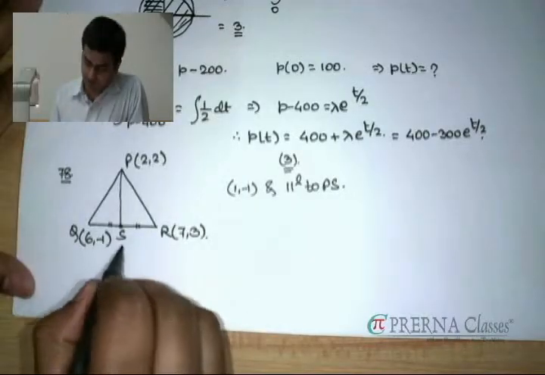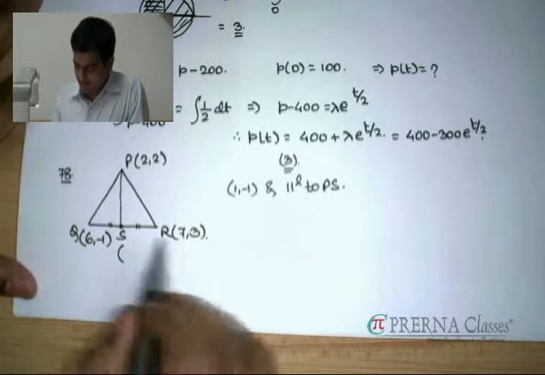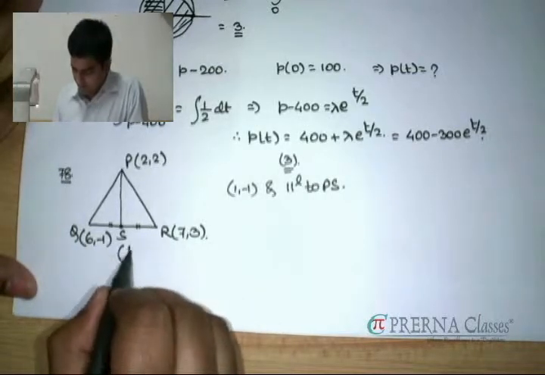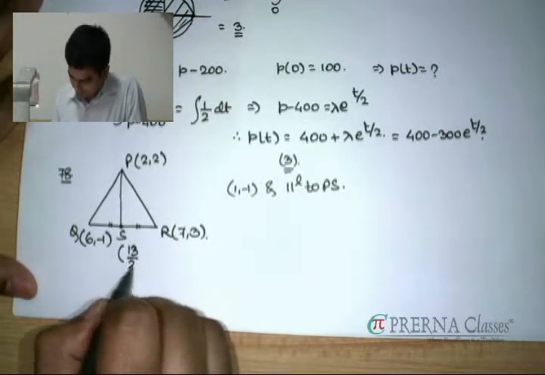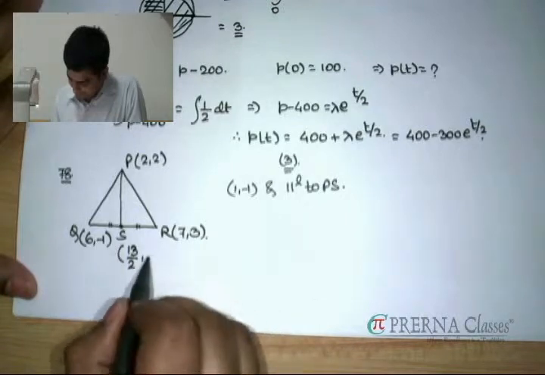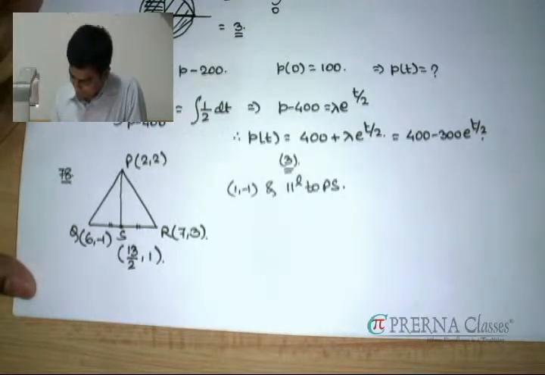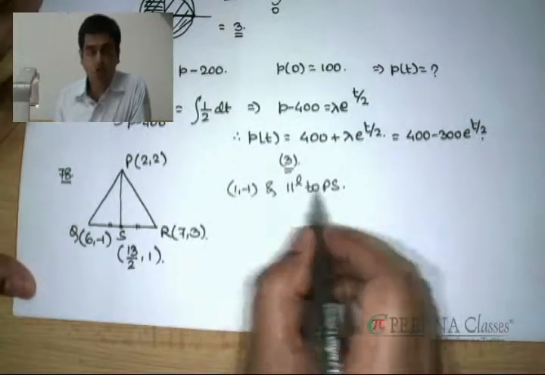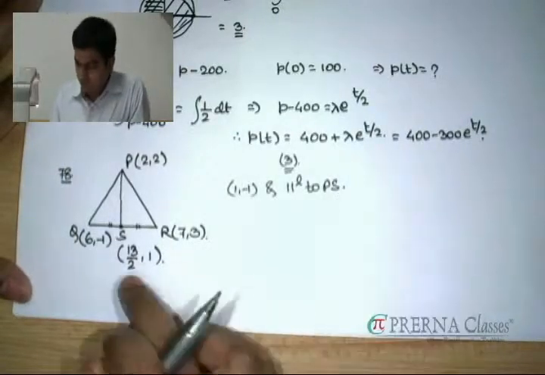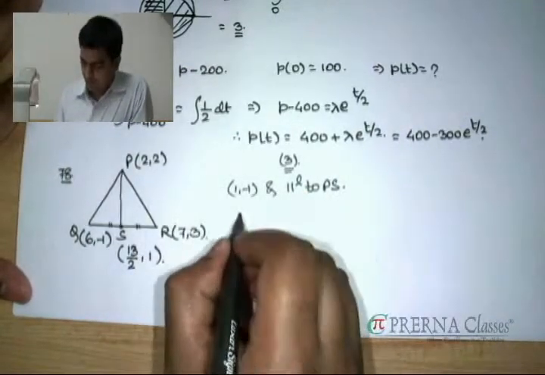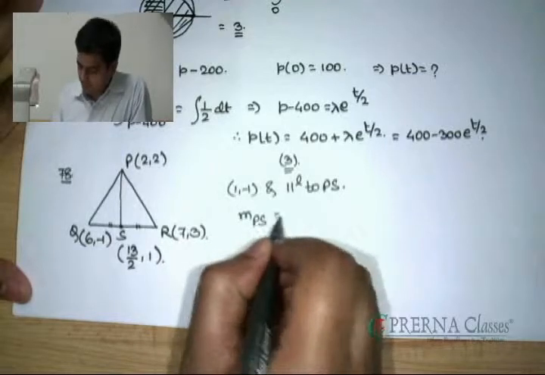Next problem is related with coordinate geometry, in which case one triangle is given to you and it is being told that PS is the median of that triangle. Clearly you can check then S is the midpoint, whose coordinate is (13 by 2, 1). The line whose equation we are looking for is parallel to this PS.